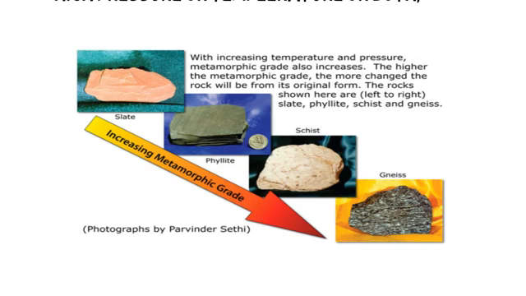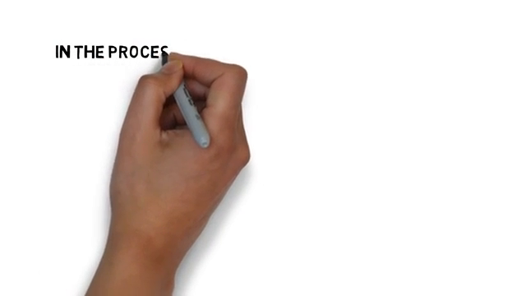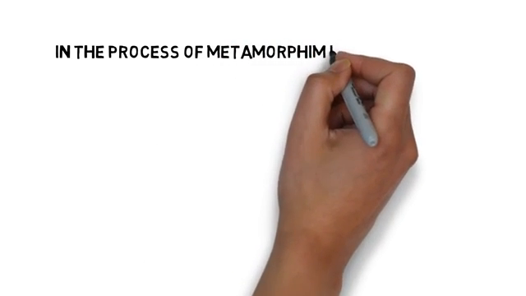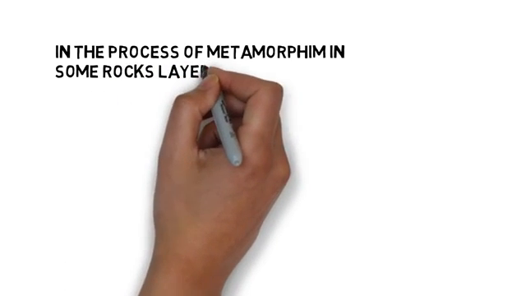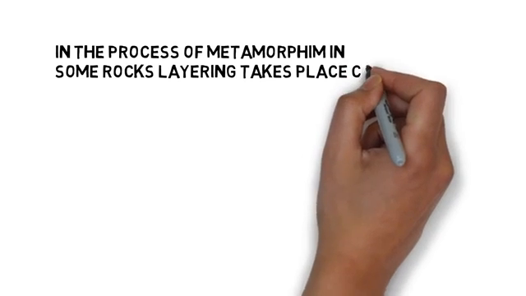In the process of metamorphism, in some rocks, grains or minerals get arranged in layers or lines. Such an arrangement of minerals or grains in metamorphic rock is called foliation or lineation. And sometimes minerals or materials of different groups are arranged into alternating thin to thick layers appearing in light and dark shades.